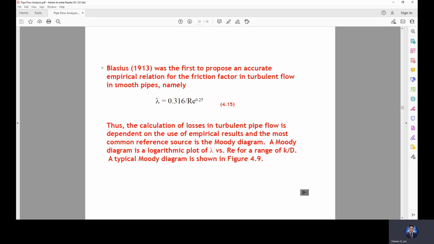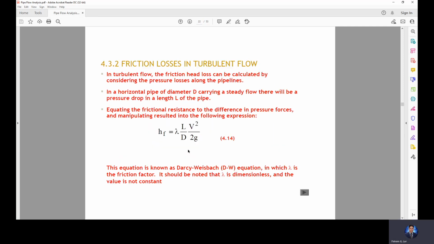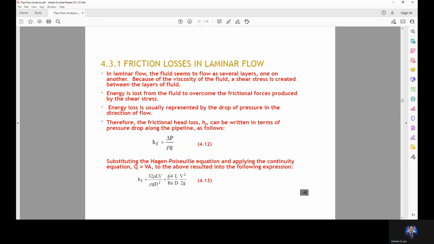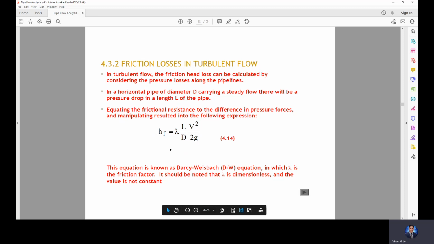As said before, Blasius was the first to propose an accurate empirical relation for the friction factor in turbulent flow. For laminar flow, the Reynolds number matters, but in turbulent flow we no longer see the Reynolds number separately because it is already incorporated in lambda.